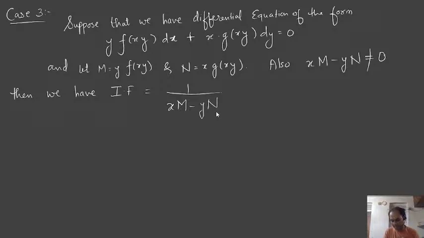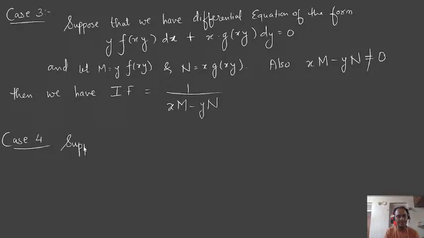This is the integrating factor. Now case number 4. This case 4 is something really simple and easy, but since it is there, I will give it to you, otherwise you can do this straightforward also.